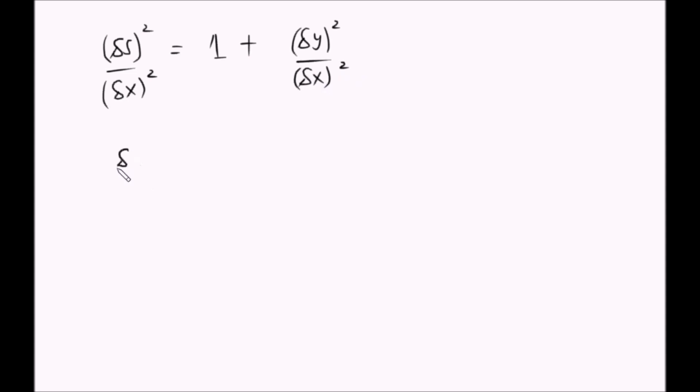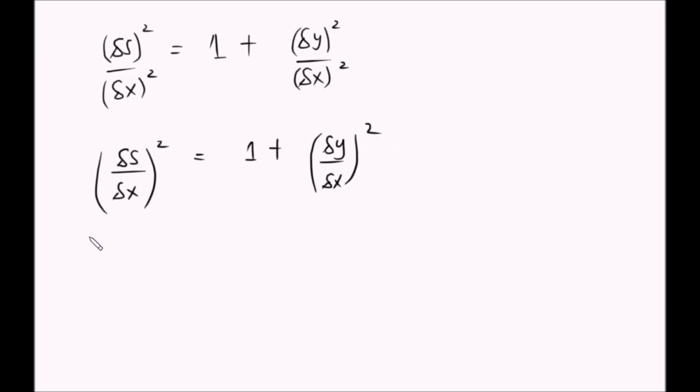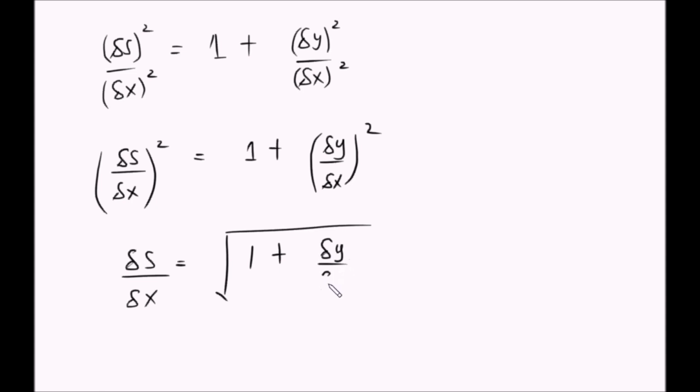You can also write this like this: delta S over delta X, all squared, is equal to 1 plus delta Y over delta X, squared. So this just means that delta S over delta X is equal to the square root of 1 plus delta Y over delta X squared.